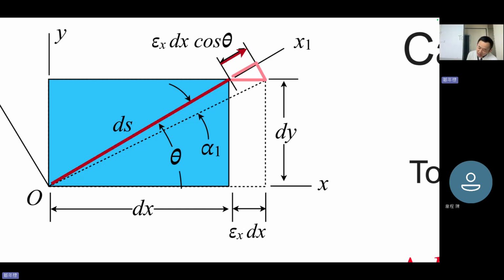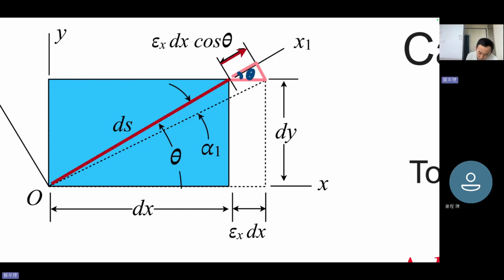It makes this point expand to this point. So this is the x1 direction expansion because of epsilon x dx, and of course this is theta, right?